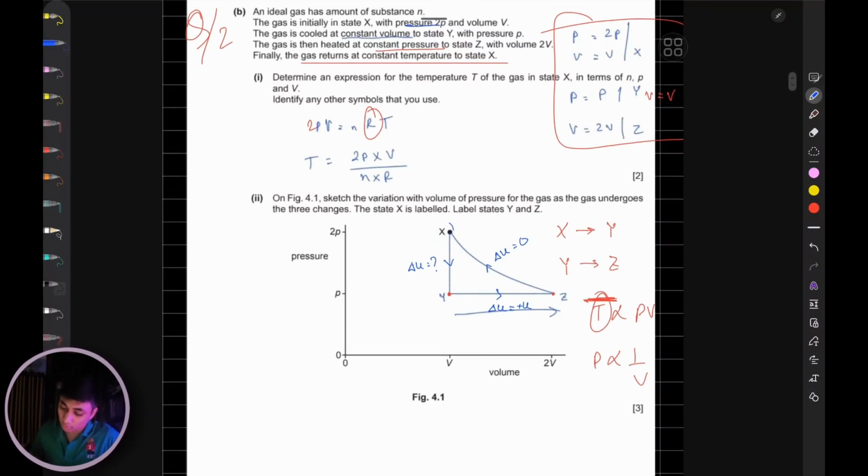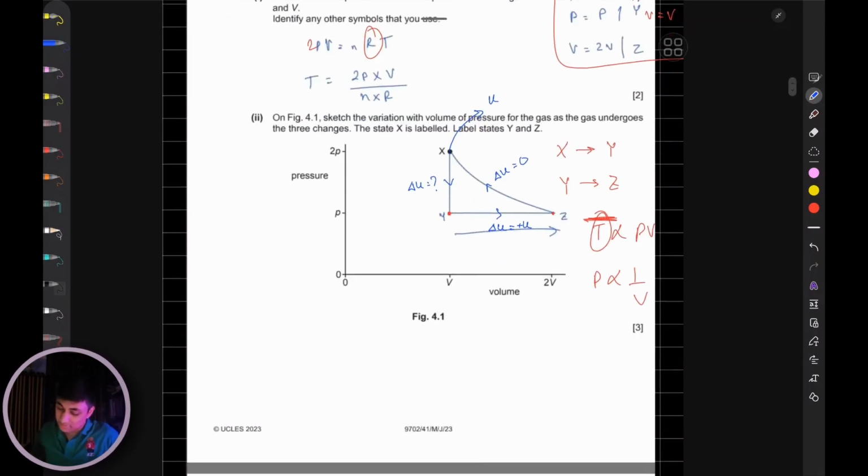You can deduce that for the gas to come back at the same state X with the same temperature, it needs to have the same internal energy. Therefore, from X to Y, whatever change had happened, it needs to be recovered by Y to Z, because there's no change in internal energy between Z and X.